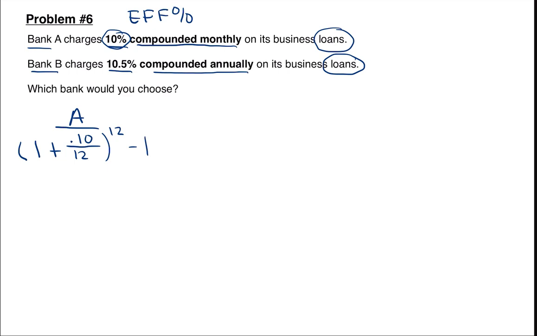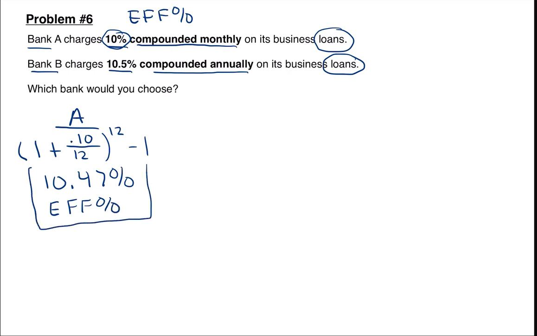When I do that, I end up with 10.47%. And that is my effective rate. So this is what I am really paying, 10.47%.